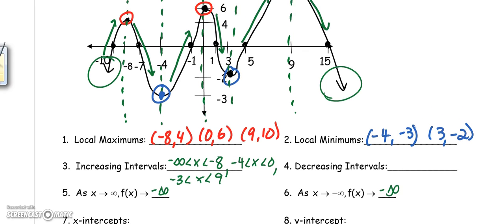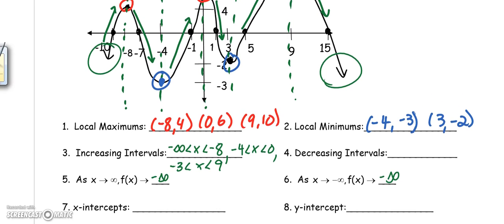The x-intercepts. Man, I need some new colors. Let's go with this. So x-intercepts, I'm looking for everywhere the graph crosses the x-axis. I've got 1, 2, 3, 4, 5, 6 x-intercepts.